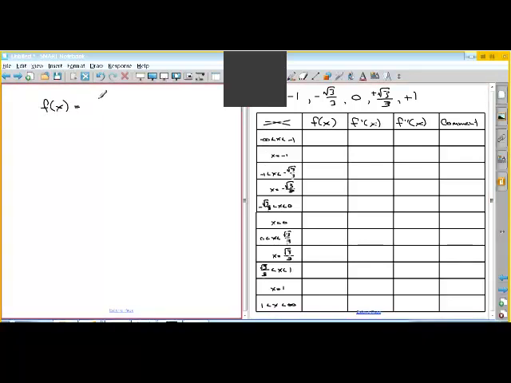So the original function, f of x, was equal to 3x to the 4th minus 6x squared plus 5/3. f prime of x was 12x cubed minus 12x. f double prime of x is equal to 36x squared minus 12. So those are the functions.